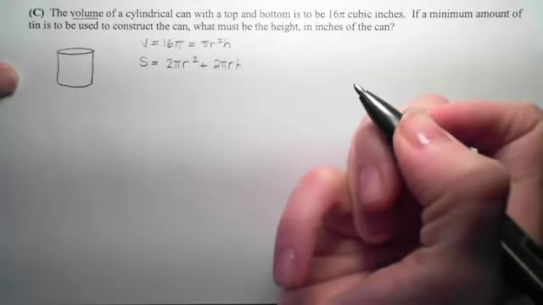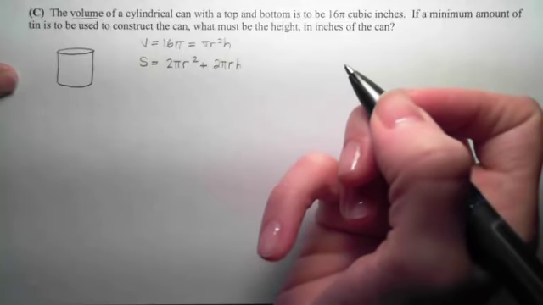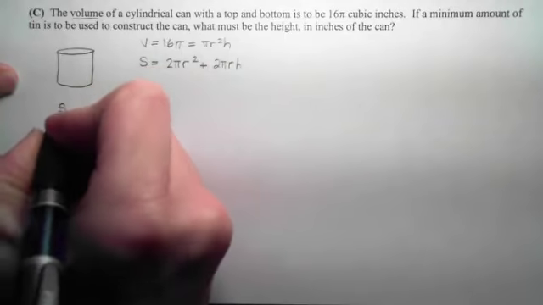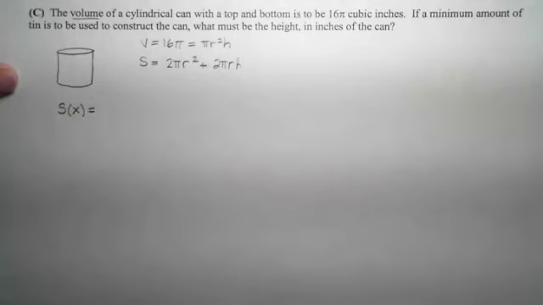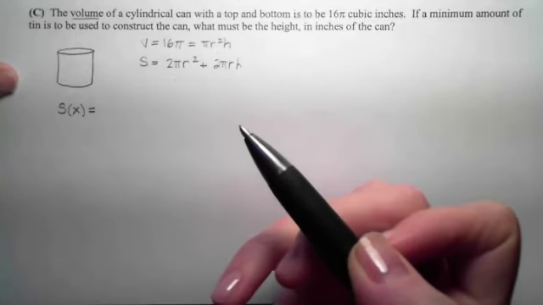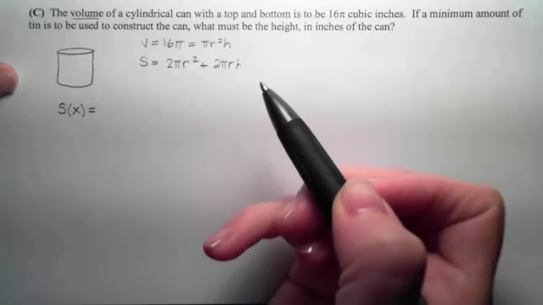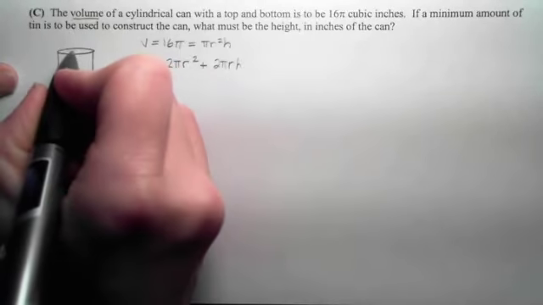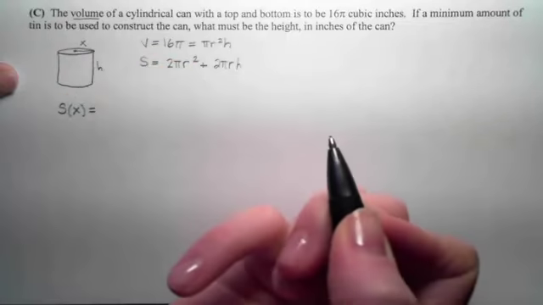Now in this particular problem, we were not told what our x is going to be. And remember, our goal is to get S in terms of x. So we are going to choose either to let h be x or to let r be x. And I personally would rather only have to replace the h, so I'm going to let my radius be x, and I'll let the height be h.